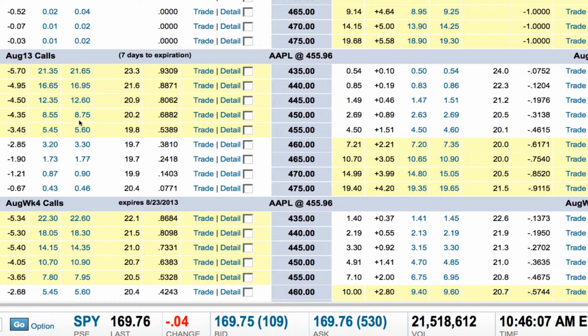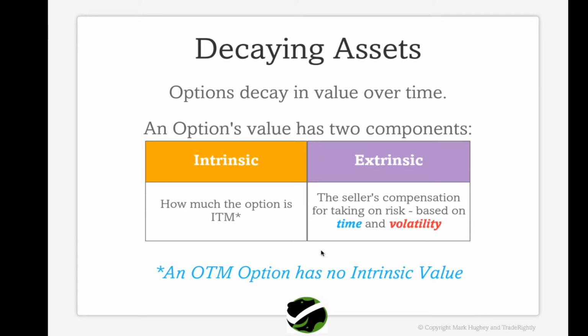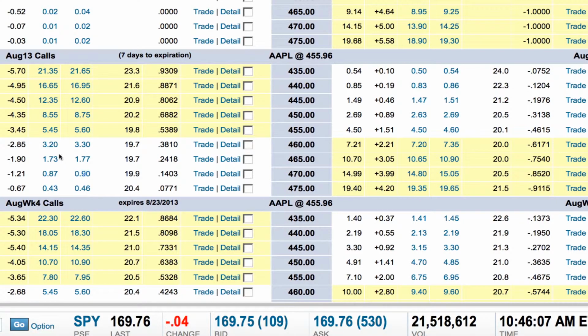That is the fair market assessment of what it costs the buyer, what they're going to have to pay the seller of that option to take on the risk that they are going to get assigned. So that's a quick introduction into where these numbers come from when we're looking at the chain, where these bid and ask prices for both calls and puts come from.